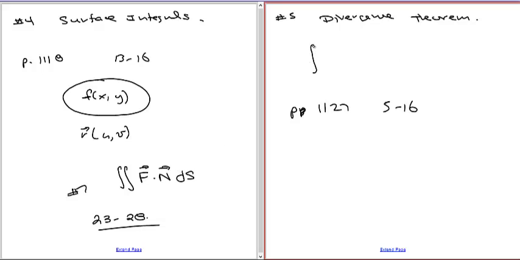So the divergence theorem does the integral of f dot n dS. So this is a surface integral, and you replace that with the integral over the region. Instead of doing the surface integral, you do an integral over the region.